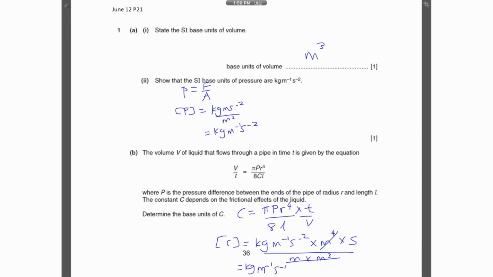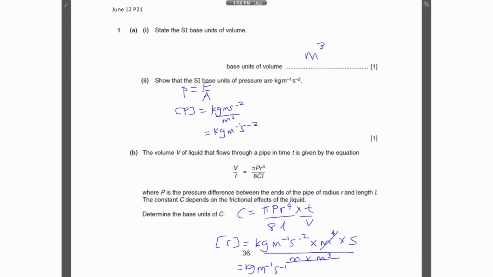Alright, for this example, June 12, paper 21, question 1, let's go through the question. First they ask you for the base units for volume, which is straightforward: meter cube. Then they ask you for the SI base units of pressure. Whenever they ask you to find the base units of a certain quantity, you must start from the formula. Any formula for pressure will do.